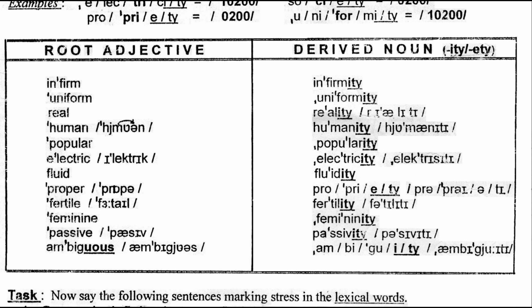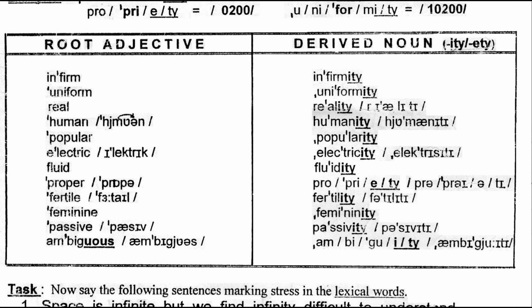In this table, we have the root, which is an adjective, and we derive a noun from it by adding the ety or ity suffixes. So we are going to see what will happen to the derived noun with the suffix, which is a stress shifting suffix.